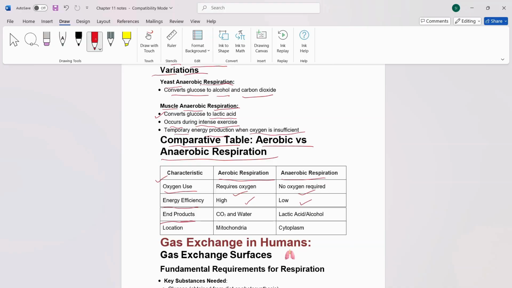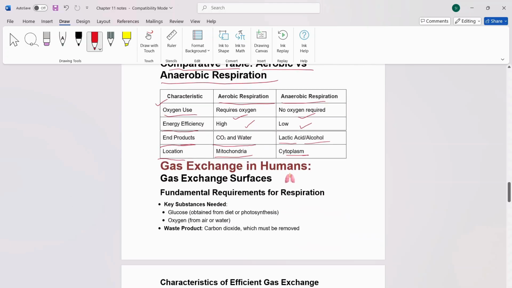End products: in aerobic respiration we have carbon dioxide and water, and in anaerobic respiration we have lactic acid and alcohol. Location of aerobic respiration is in mitochondria, and anaerobic respiration occurs in cytoplasm.